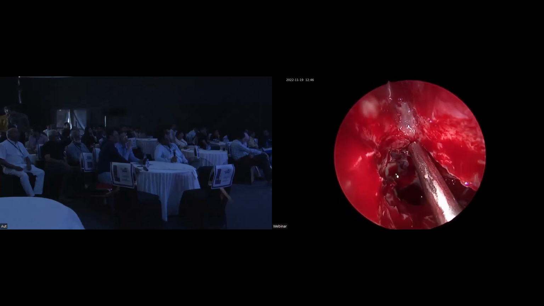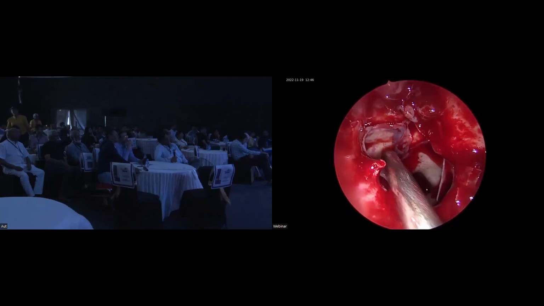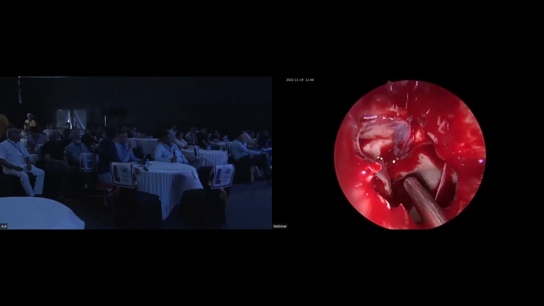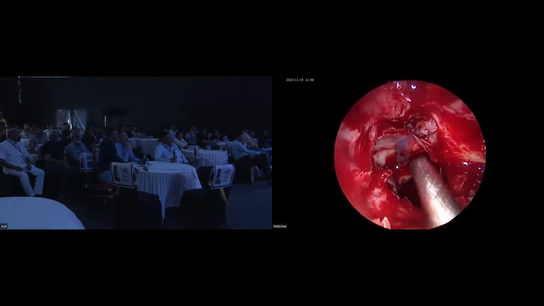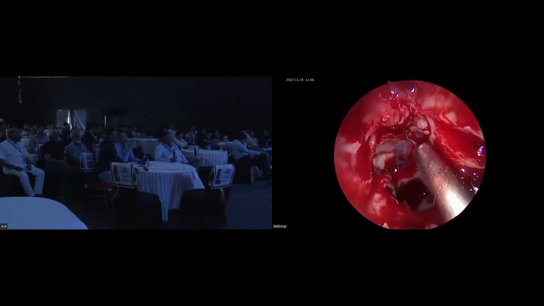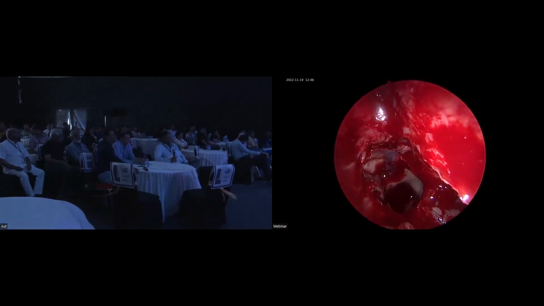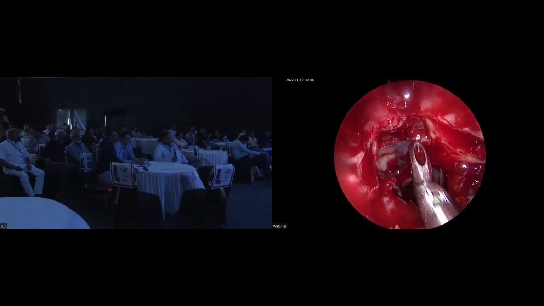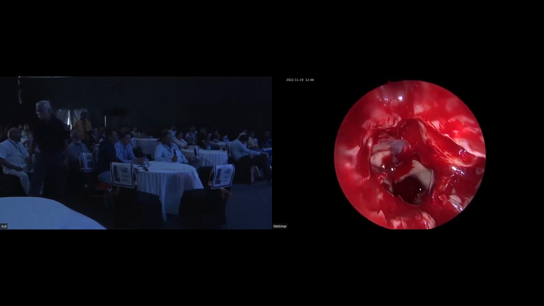This is the area of the posterior ethmoidal artery. And this is the optic nerve. This is also a diseased cell which I will remove. I will not use a debrider because I'm very close to the optic nerve, but gently I'll remove the disease from here.